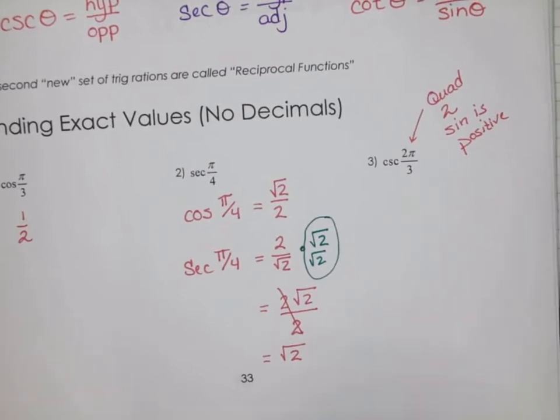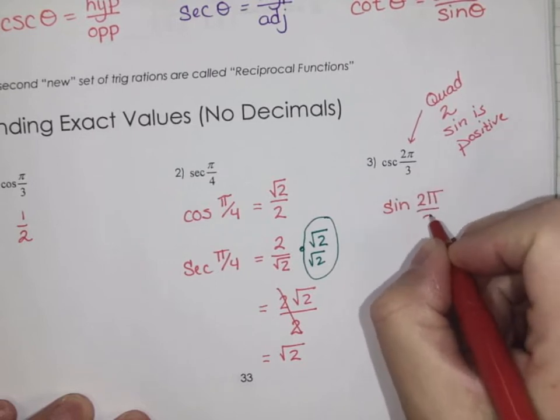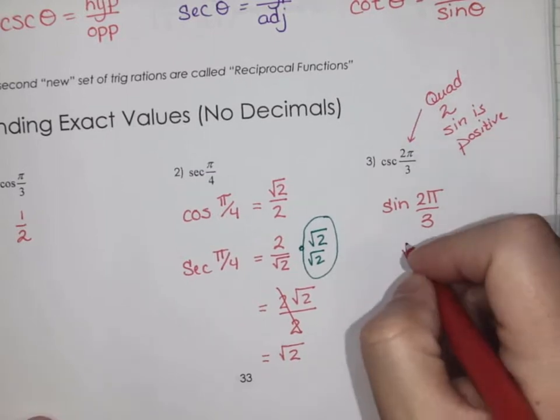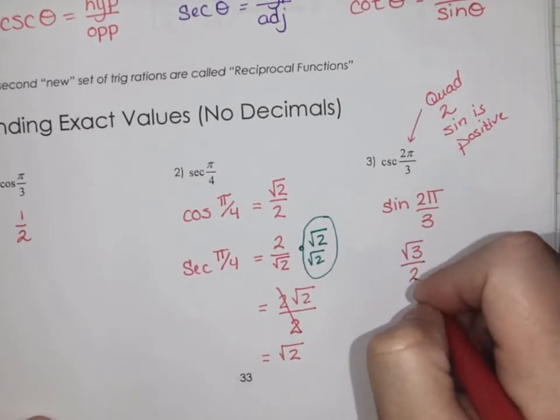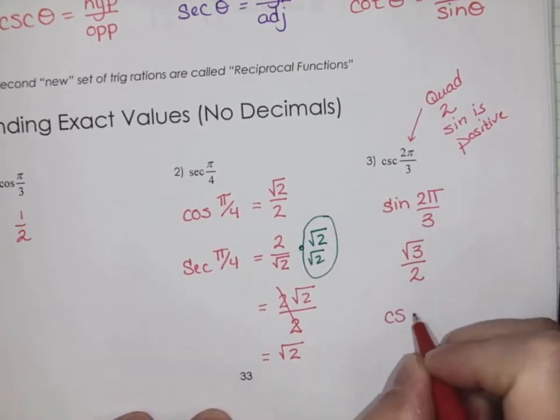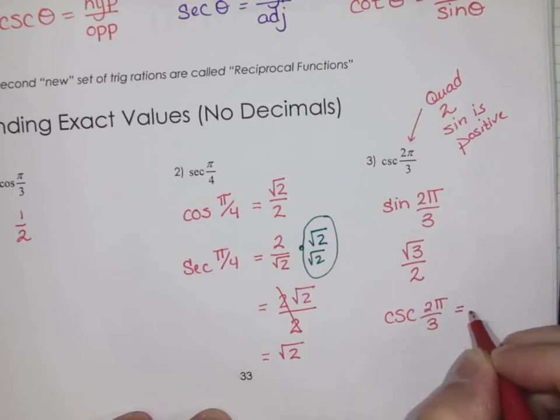Okay, so we're looking for sine of 2 pi over 3. Yes. Good job. So root 3 over 2. So what is cosecant of 2 pi over 3?